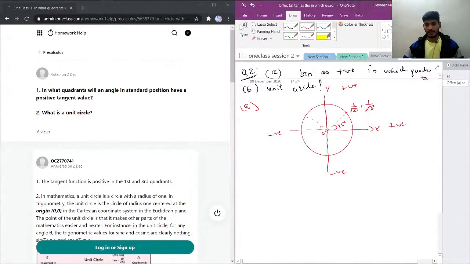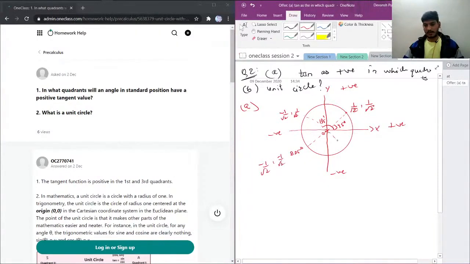and for here 135 degree, I'll just make this like this. We have x will be negative and y will be positive here. Here it is going to be 225 degree, and my x and y both are going to be negative.